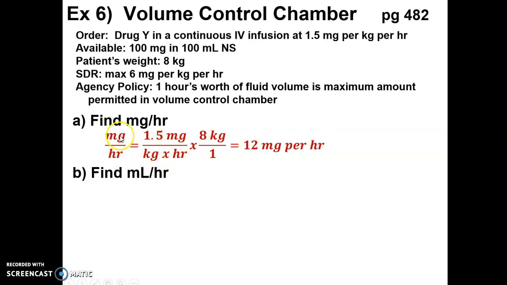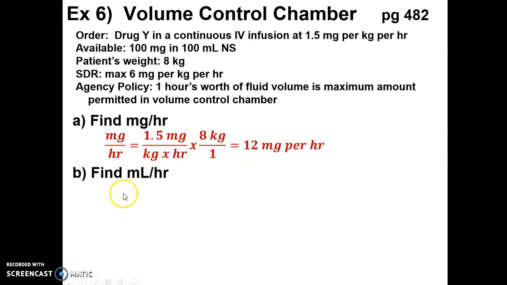I've got milligram an hour, but I do need to get rid of kilogram, right? So let's pull in the patient's weight of 8 kilograms, and that should drop out those units for us. So 1.5 times 8 is going to give us 12. 12 milligrams per hour. That's how much medication our patient's receiving every hour.